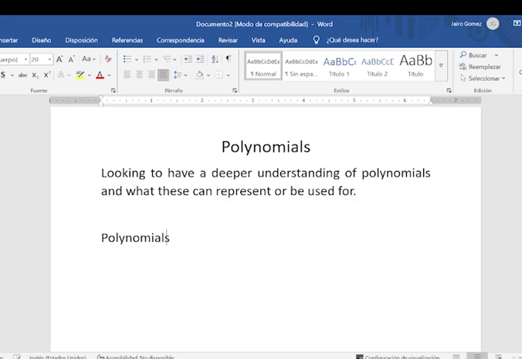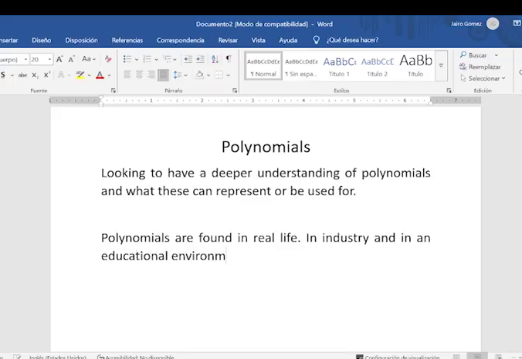Polynomials are found in real life, in industry, and in an educational environment such as this one.